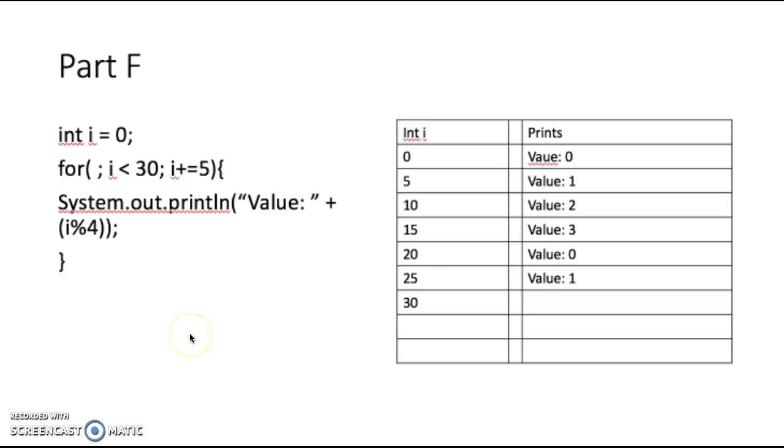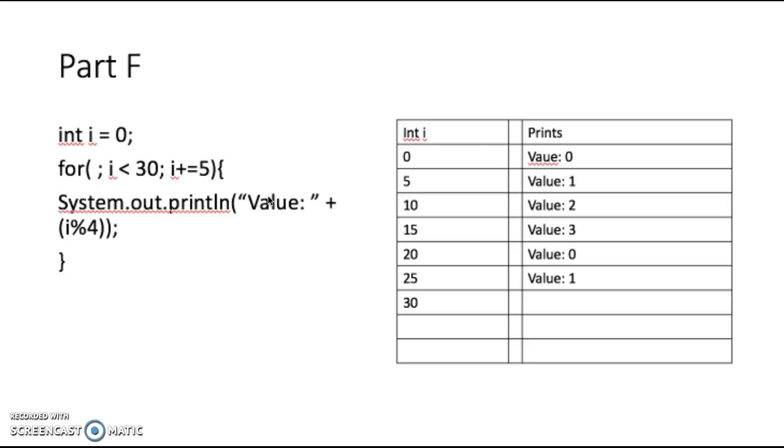So for example, 0 will run through it. Then we add 5 to the 0 after it goes through the for loop. Then that becomes 5. So then we run the 5 through the for loop, and when int equals 5, yes, it's less than 30. We print out value for 5 divided by 4, and that remainder is 1.